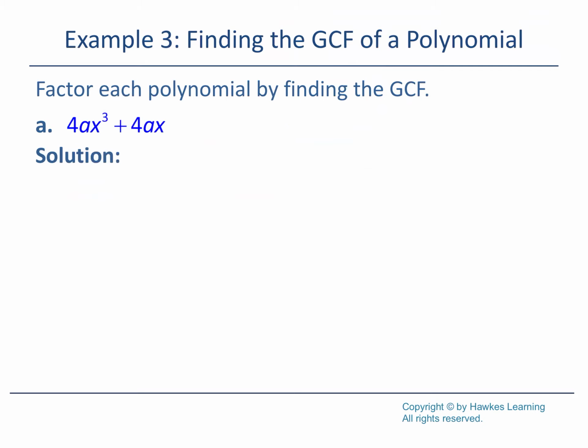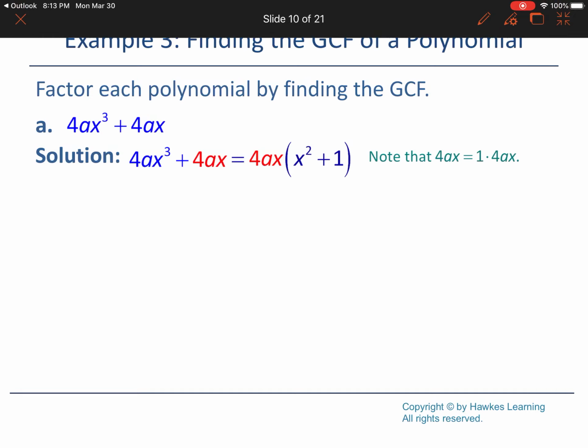Pause the video, see if you can find the greatest common factor and factor it out. Okay, here's the solution. So this 4ax was definitely the one, and you notice, I think we talked about this before, when you factor this out, the thing you have left has to have just as many terms as you started with.